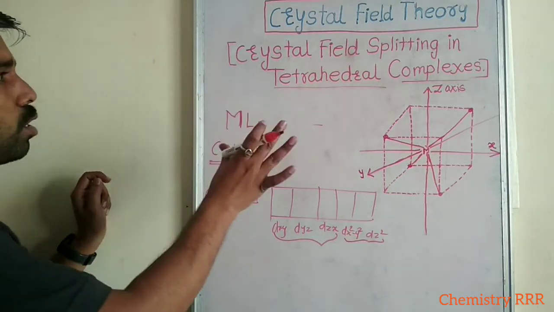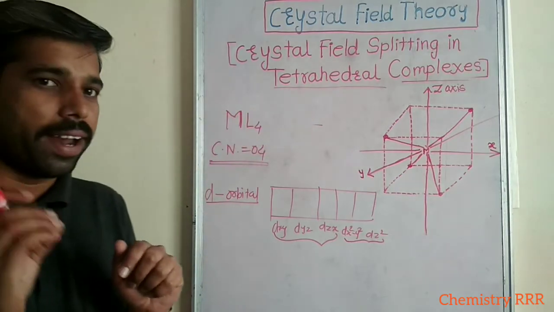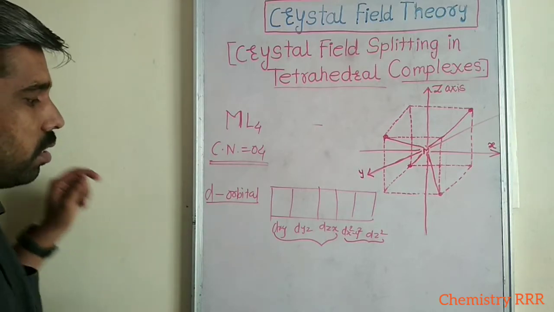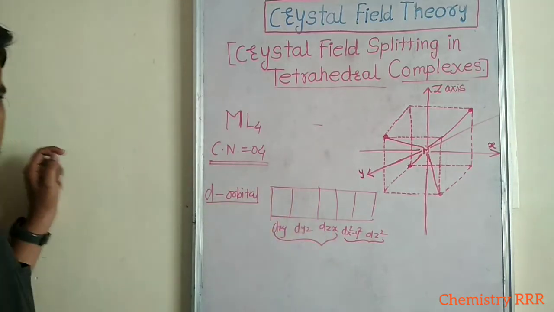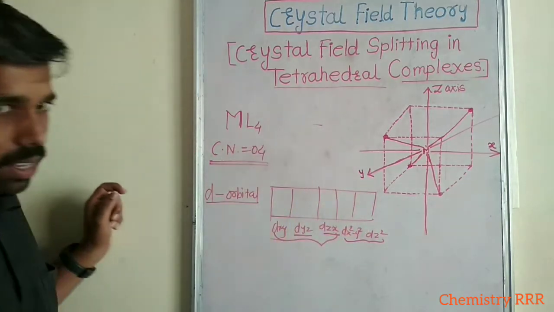Now in the case of tetrahedral complexes, the approach of the ligand is close to this set of 3 orbitals, that is dxy, dyz and dzx.